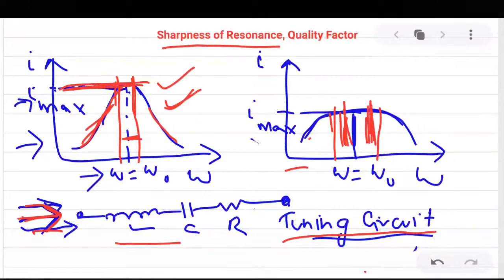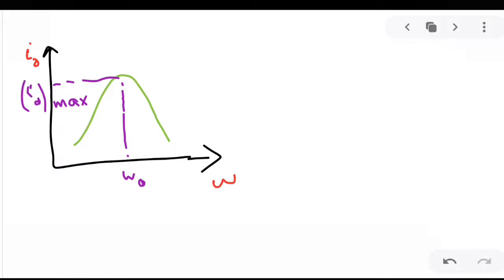So let us analyze the mathematical treatment and obtain the expression for sharpness of resonance or quality factor. We have this graph between current amplitude I naught and omega, and at this resonant angular frequency, omega equal to omega naught, the current amplitude is maximum.